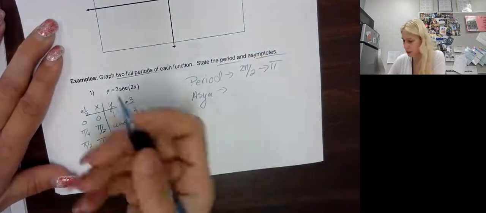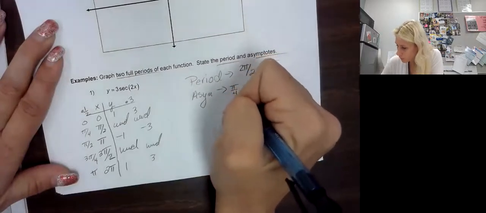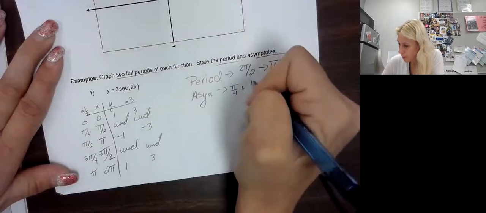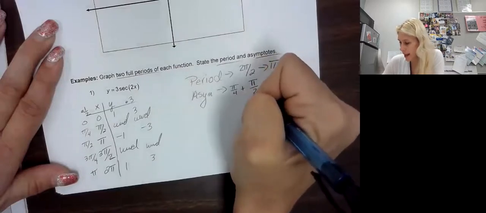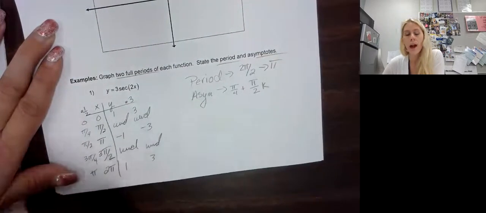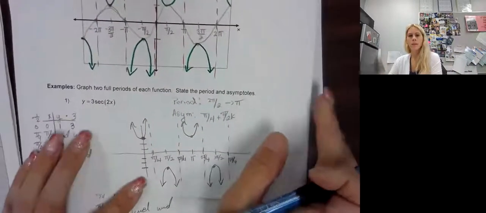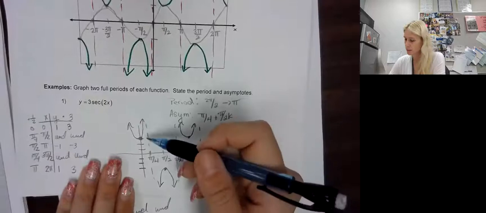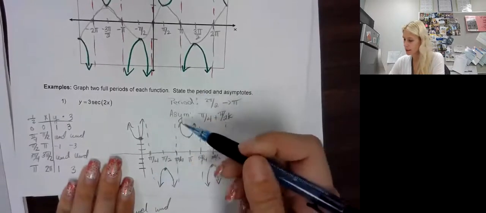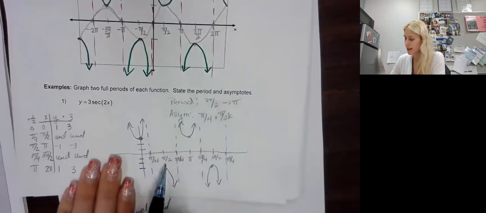Now, asymptotes. Remember what we said about secant and cosecant. Start with your first positive asymptote, which in this case is pi over 4, and what we're going to do is add on our period cut in half times k. I'm going to show you on the graph why that is. So here's my first asymptote. Here's my second, according to my table.